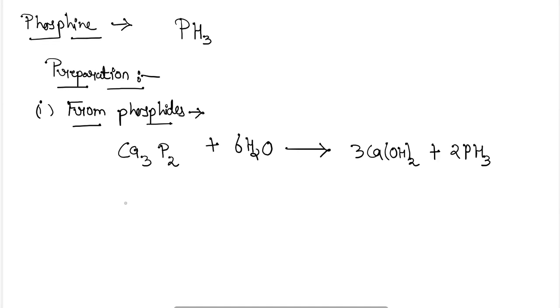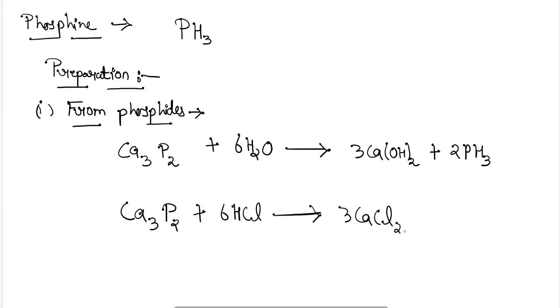Also, when treating calcium phosphide with dilute hydrochloric acid, we will produce calcium chloride and phosphine gas.